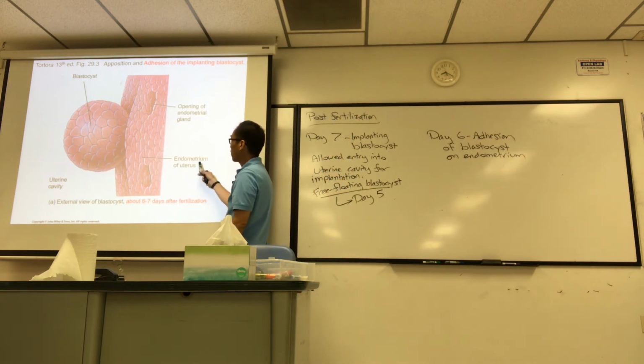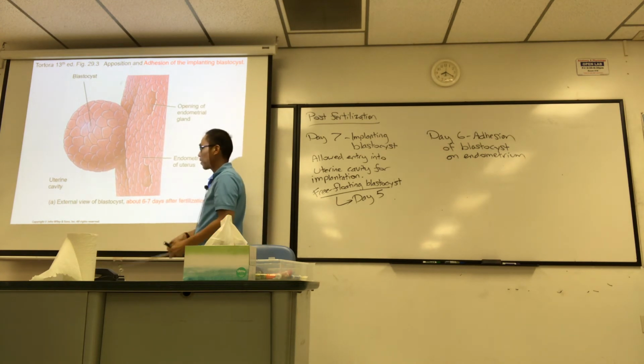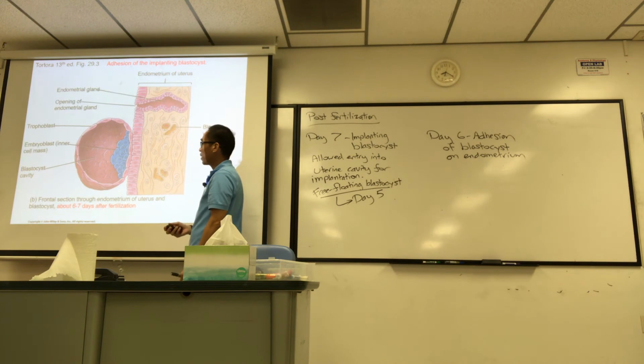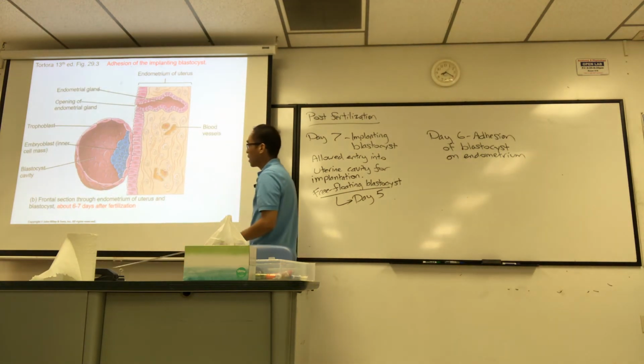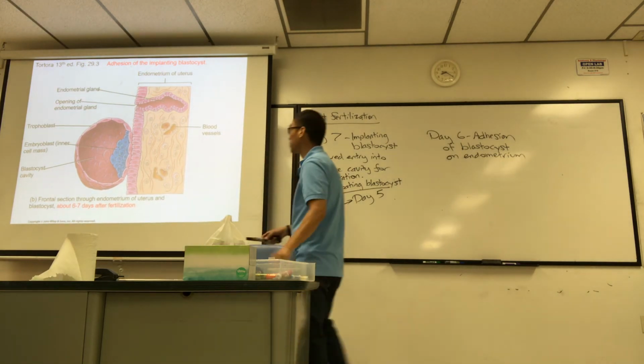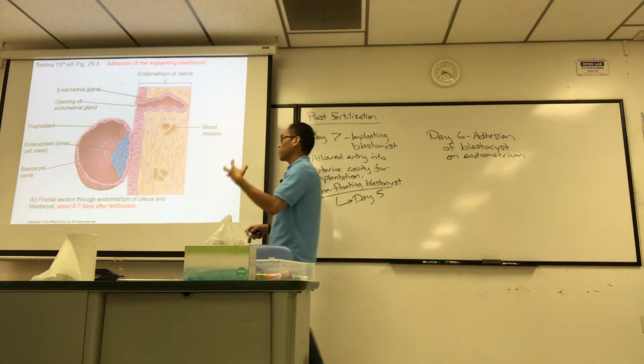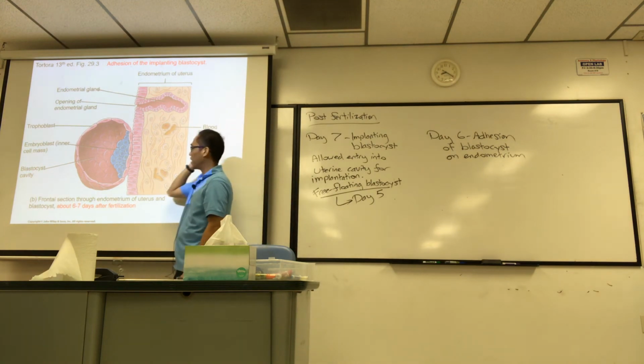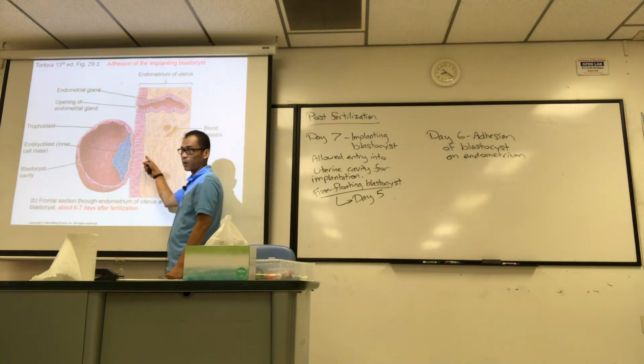So we have the endometrium of the uterus, and we have the blastocyst there. If you were to cut it open, what you would see is the free rotation of the inner cell mass. This is about 6-7 days after fertilization. The inner cell mass will always rotate to face the endometrial wall.